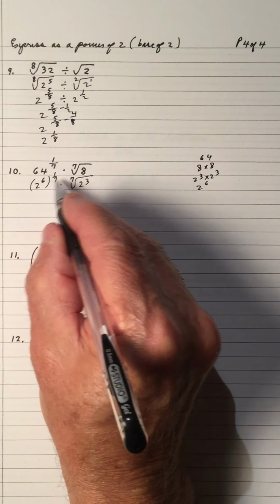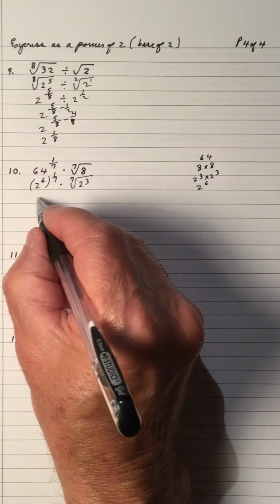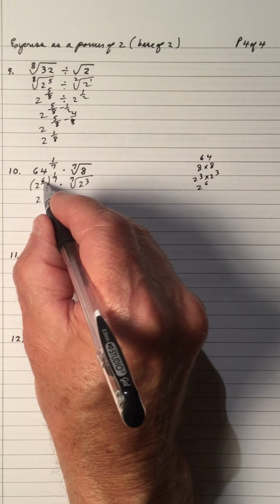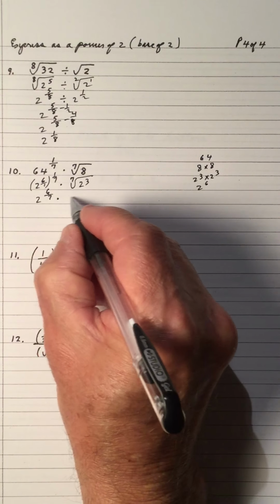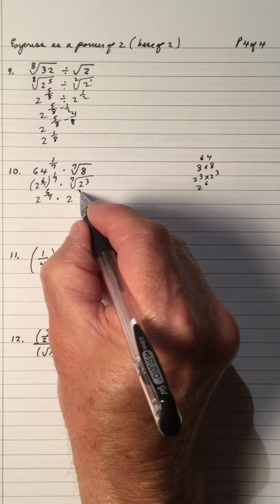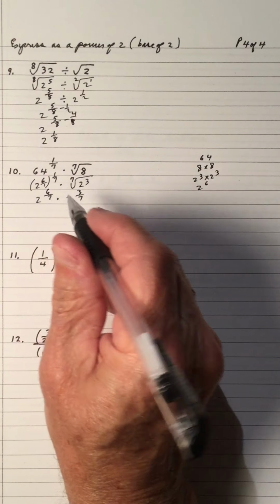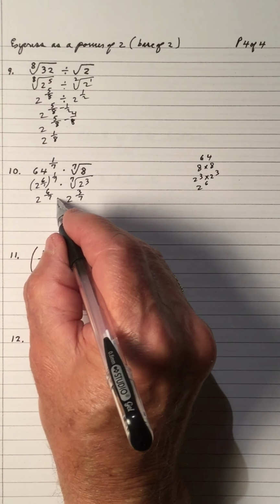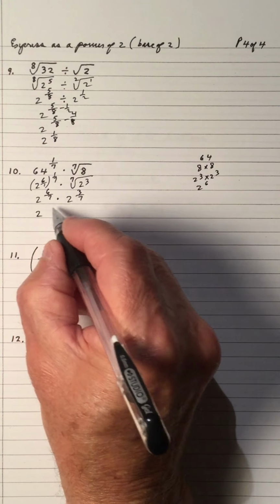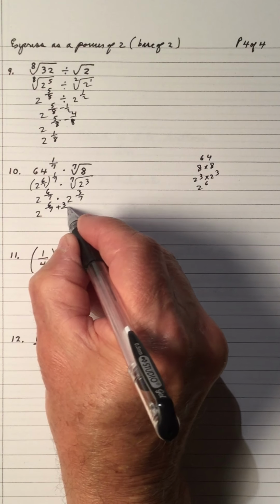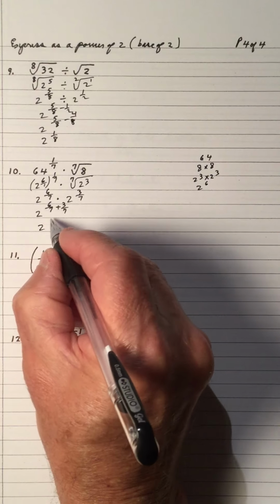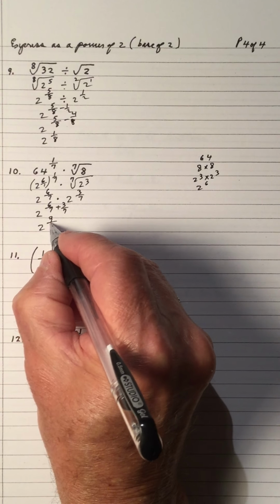So we have a power of a power. 6 over 1 times 1 over 7 is 6 over 7, times 2 to the 3 over 7. And because we're multiplying with like bases of 2, we add 6 over 7 plus 3 over 7, which is 2 to the 9 over 7.